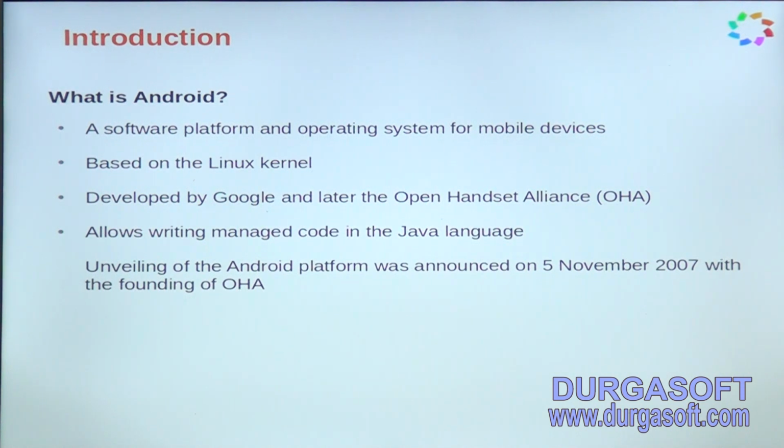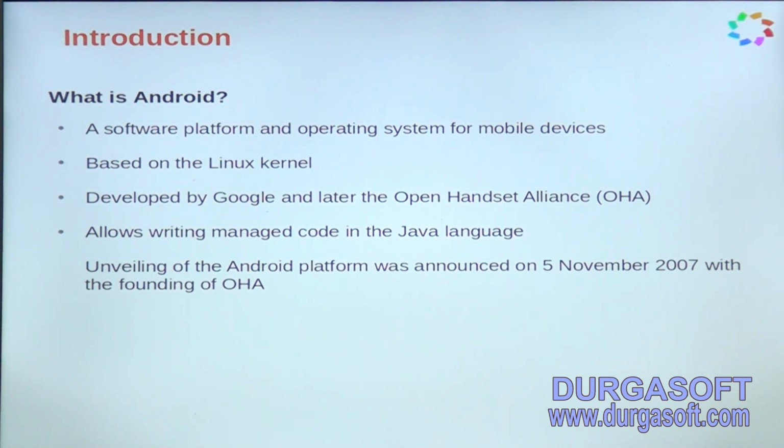It has everything, from the bootloader to the application level. Android basically works on the Linux kernel, it is based on the Linux kernel, and it was first developed by Google and later incorporated with the Open Handset Alliance, which is also called OHA.